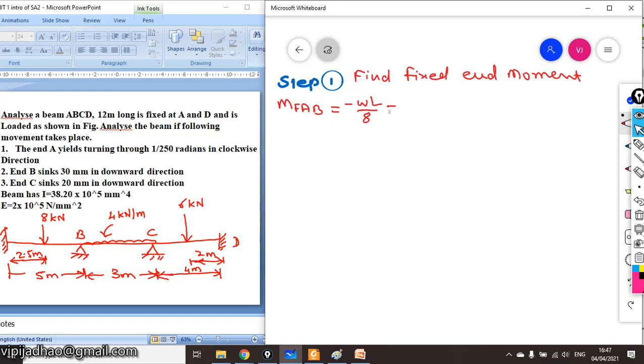So this is equal to minus W is 8 into L is 5 divided by 8, which is minus 5 kilonewton meter. Then MFBA will be positive 5 kilonewton meter. The formula is WL by 8 only, that is 8 into 5 by 8.